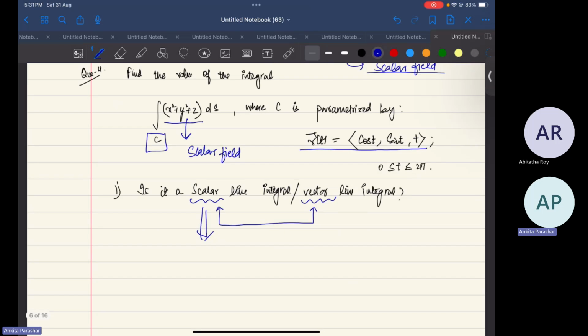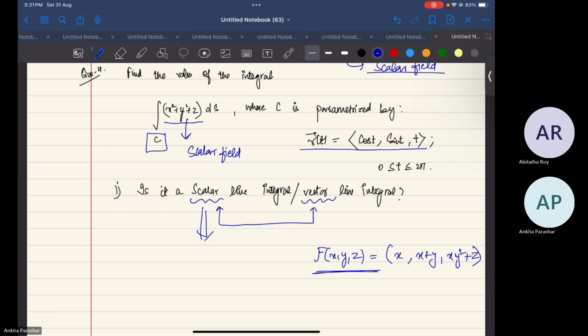Now, the question is, what are vector line integrals? Suppose I write my f(x, y, z) to be like this: x plus y, x square plus y, or whatever, such kind of thing. Giving a meaning to this is very hard, right?